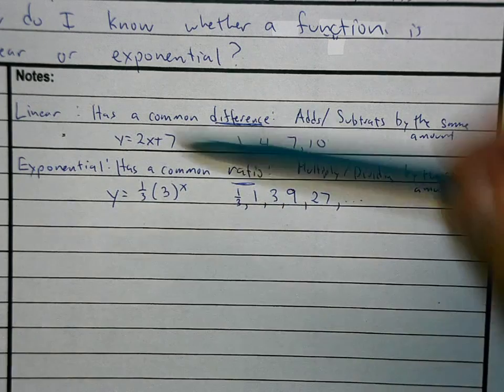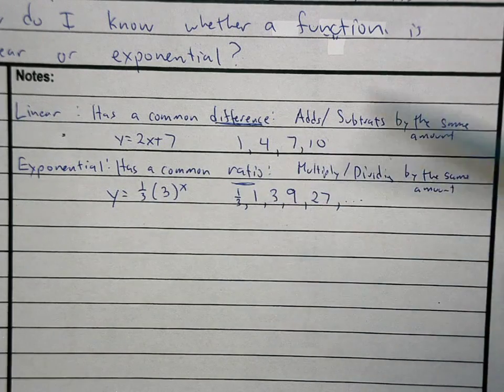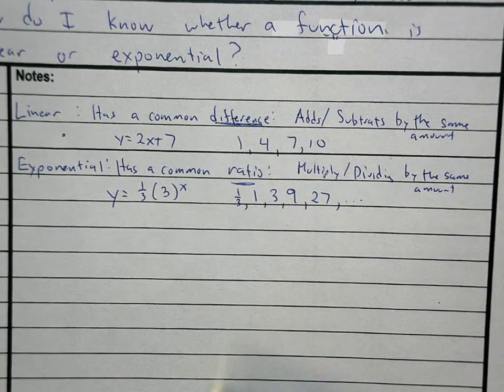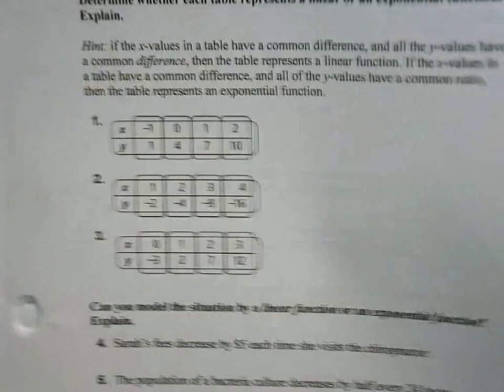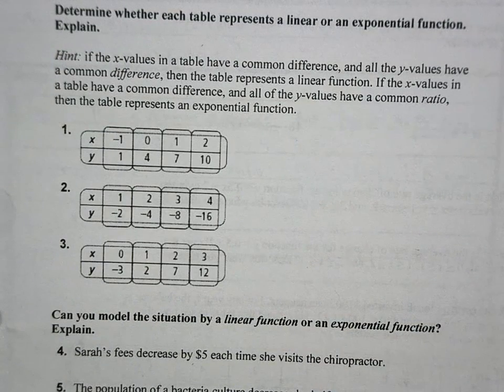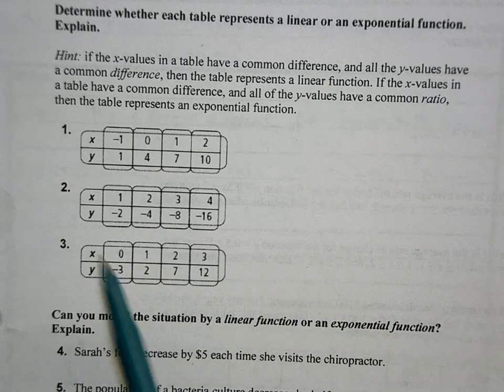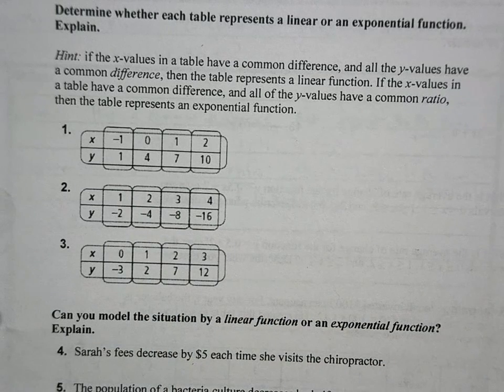So you're going to have to look at things that are equations, and you're going to have to look at patterns of numbers, and you're going to have to determine whether they are linear or exponential. I think this is going to be one of your easiest questions. When I look at your worksheet 5.3, you're going to look at tables, and you're going to have to check and see, is there a common difference or is there a common ratio?